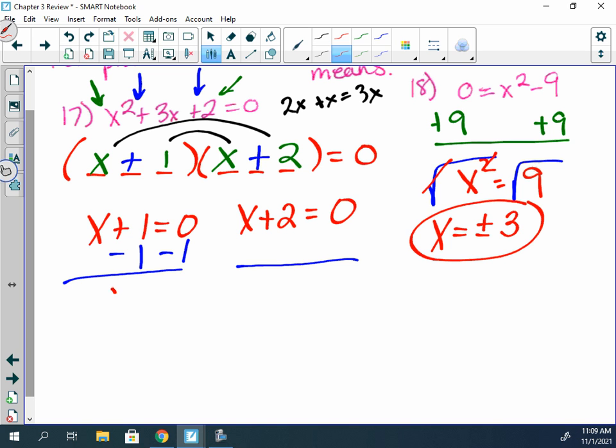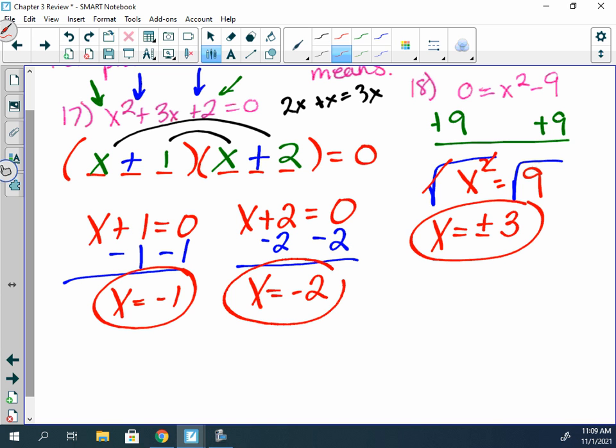So here we can subtract 1 from both sides, telling me x is equal to -1. Here we can subtract 2 from both sides, telling us x is equal to -2. And those would be our two answers. Any other questions on this here?